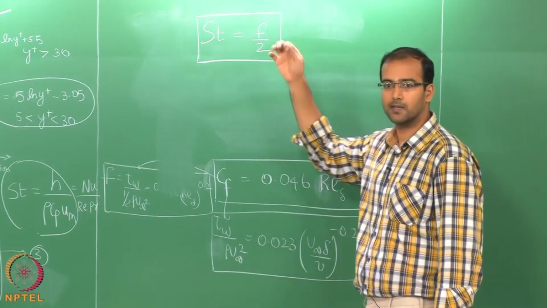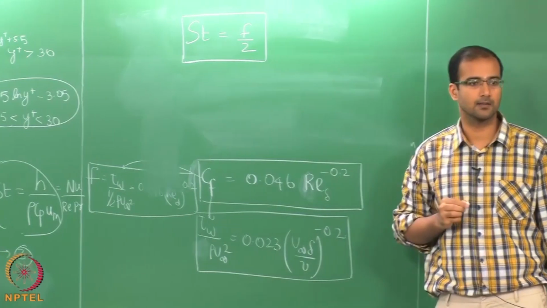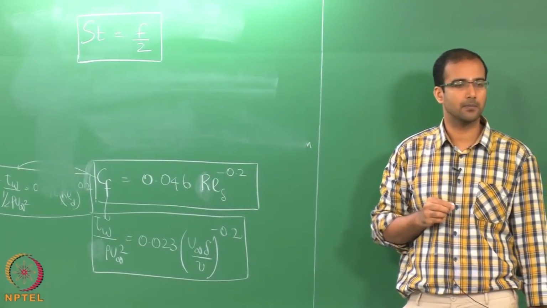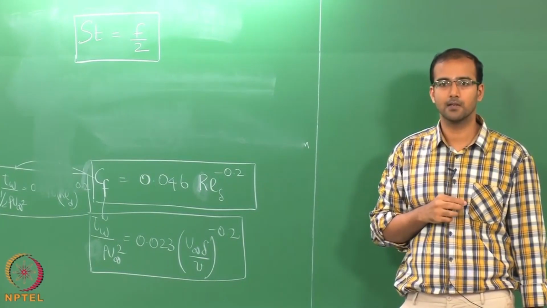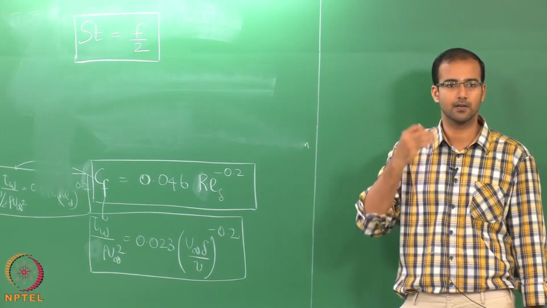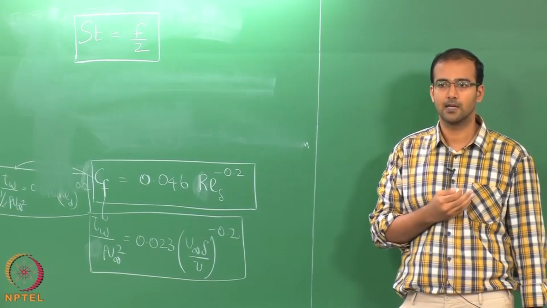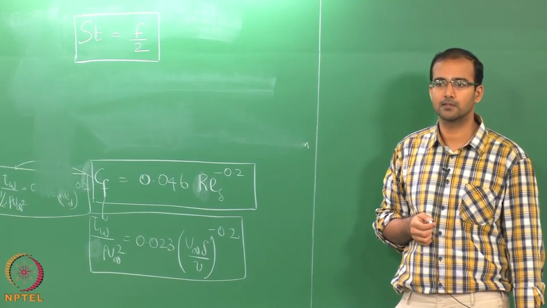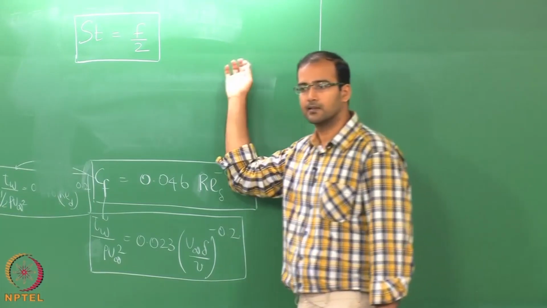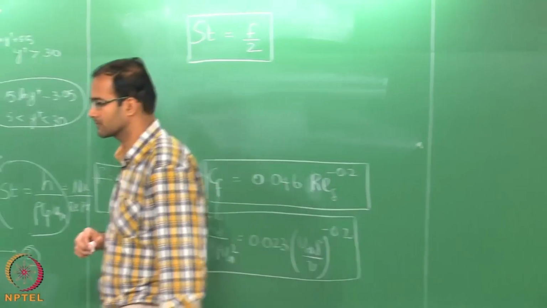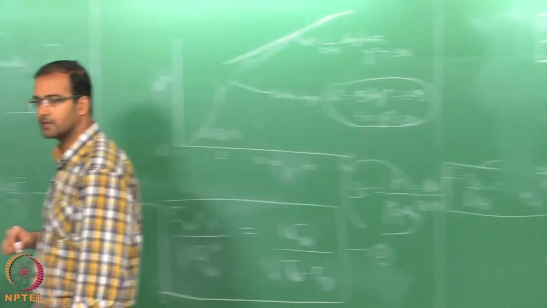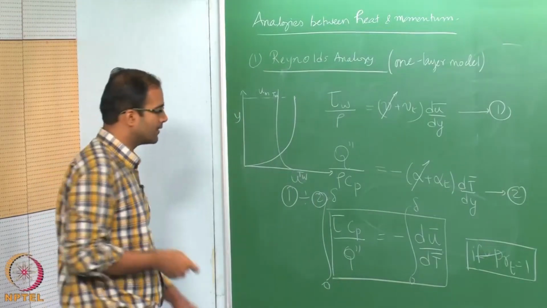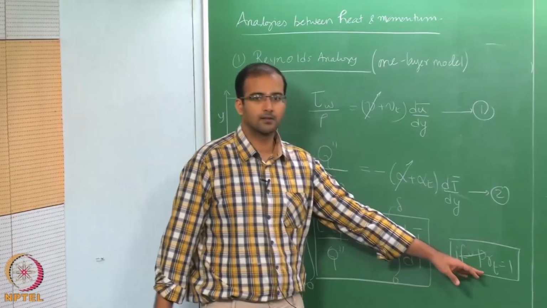Remember, you derived the same thing in laminar boundary layer. We derived it from the expressions for Nusselt number and skin friction coefficient that we got from exact solutions, and we got the same expression in laminar flows. Now, in turbulent flows also we are getting the same analogy, assuming that the entire boundary layer is turbulent and also your turbulent Prandtl number is 1.